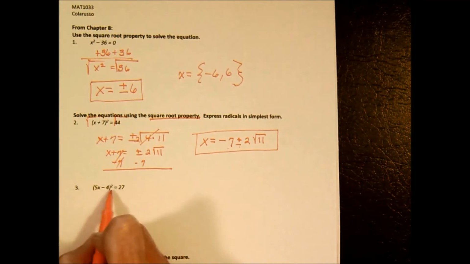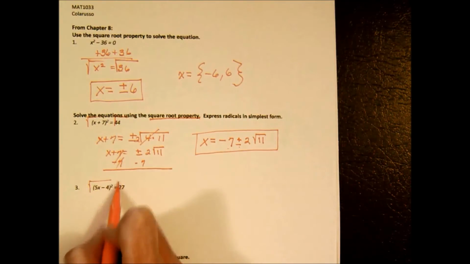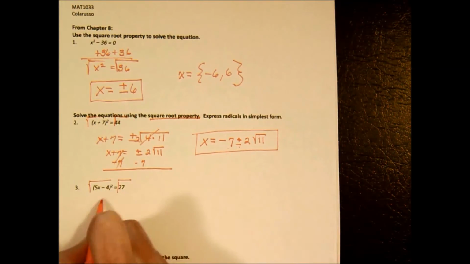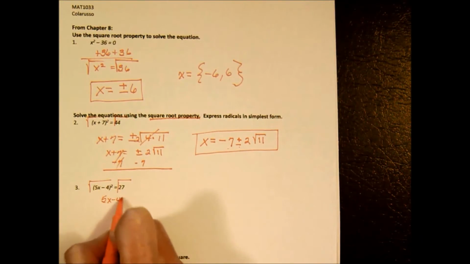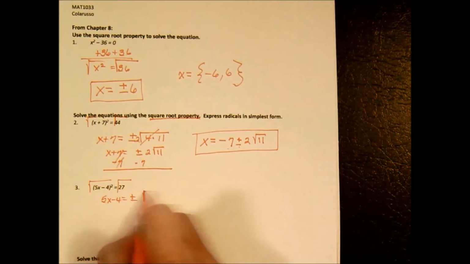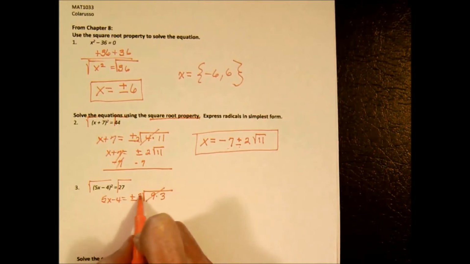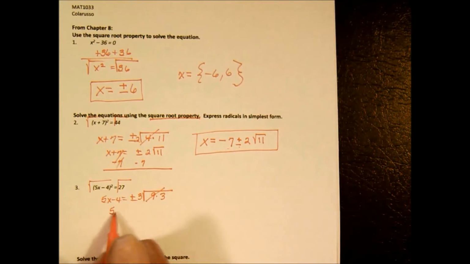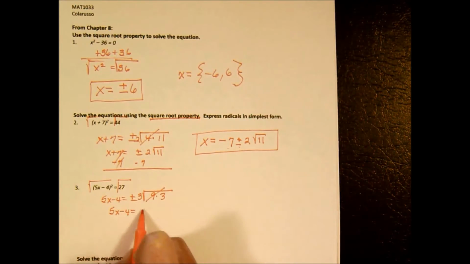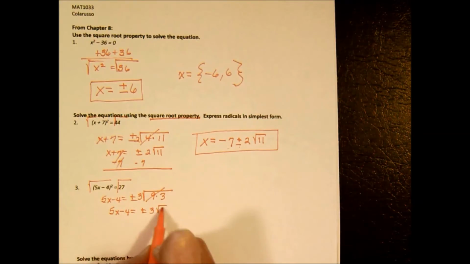All right, let's do the same thing here. It's isolated already, so we will take the square root of both sides. So 5x minus 4 equals plus or minus. Let's break that down. 9 times 3. 3 comes out. 5x minus 4 equals plus or minus 3 radical 3. We'll add a 4 to both sides.